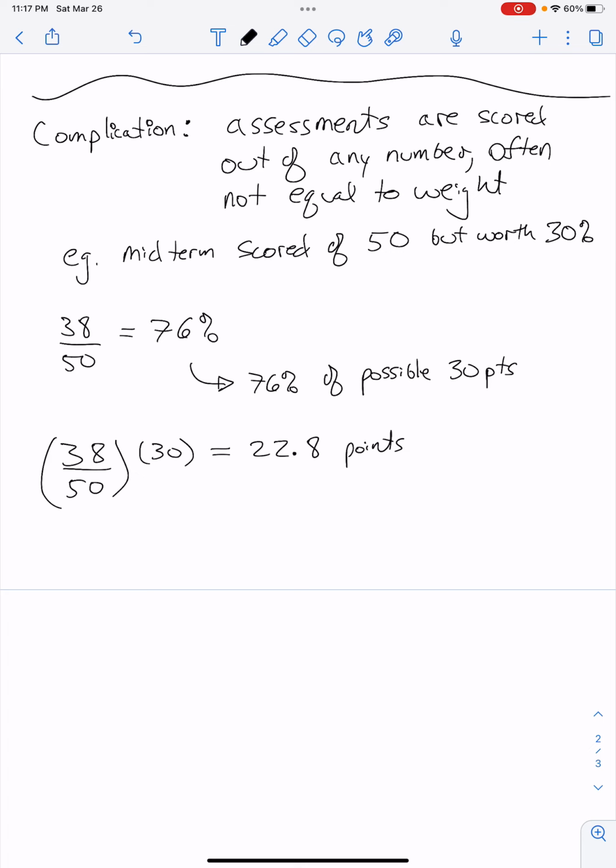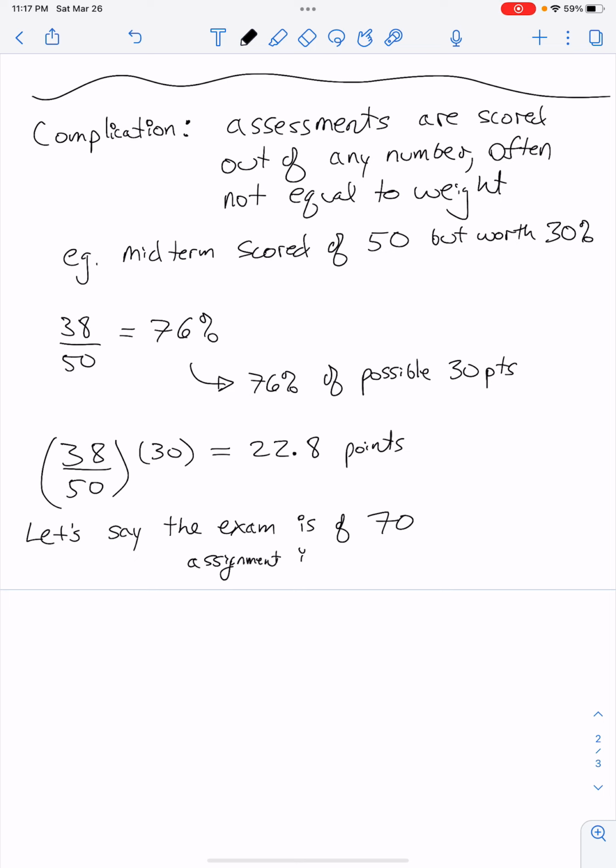Okay. And so we could also say, that's pretty messy. Let's say the exam is a bit longer, so let's say the exam is out of 70 and the assignment a little smaller.